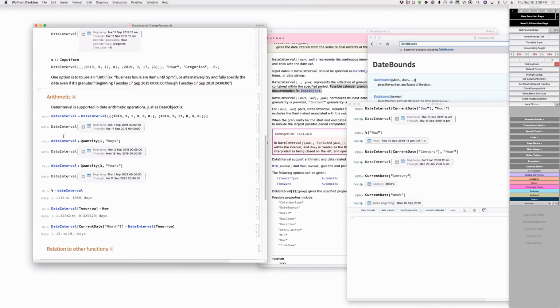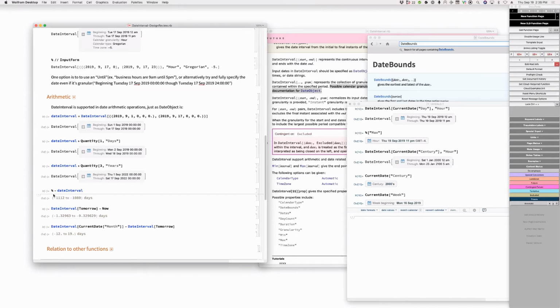Okay, what am I looking at here? So, just a basic overview: the same sort of arithmetic operations that work on dates work on date intervals as well, and we handle interval results in quantities as quantities with interval values. Say that again?